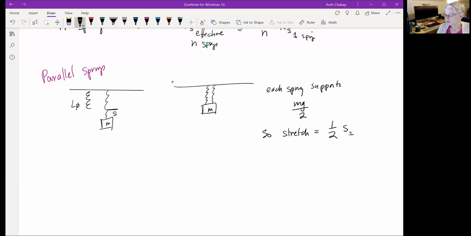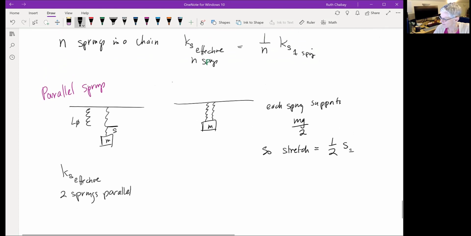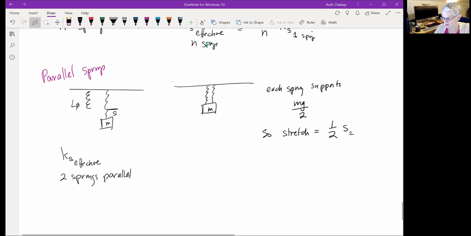So what's the spring stiffness here? What are we going to say about the effective spring stiffness? If the stretch is half as much, yeah, exactly, that's right. So it's effectively 2 times the spring stiffness for one spring. It's twice as stiff.